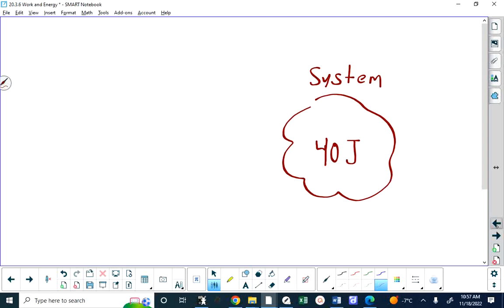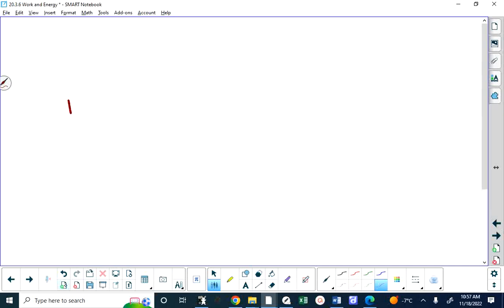Can work be negative? Yes, work can be negative. If work is negative, so I know I'm throwing a lot at you here, but if work is negative, then that means the initial energy is more than the final energy. The system has lost energy.